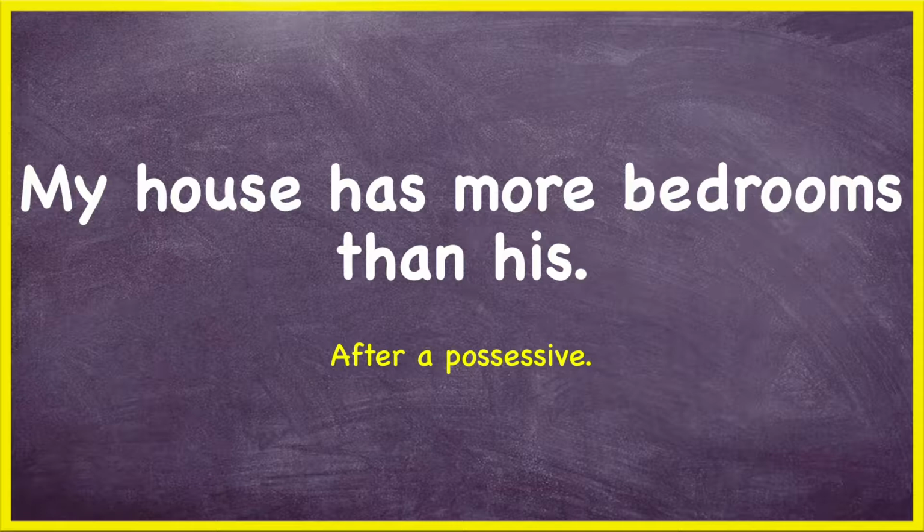You could, but you don't have to repeat the word house again because we already know we're talking about bedrooms in houses. So you can just say my house has more bedrooms than his, okay? His being a possessive, right? His house. His is a possessive because he possesses a house.